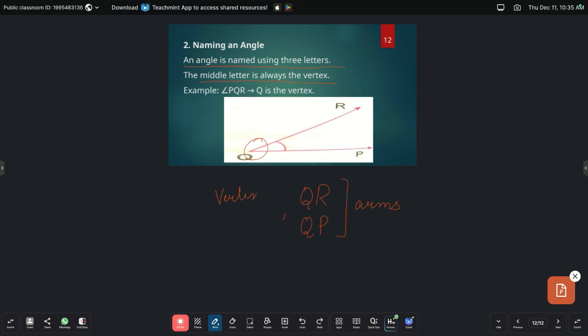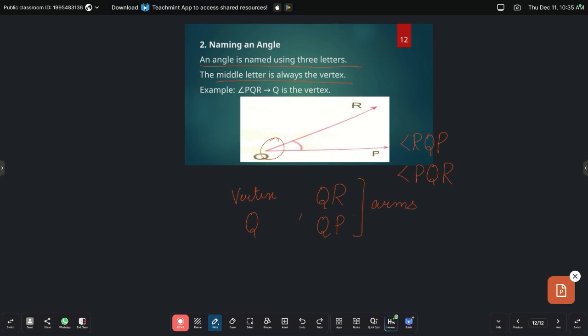The vertex is Q. As I have already told you, the vertex should be the middle letter while naming the angle. So how can we name this angle? We can name it as angle RQP, or we can also name it as angle PQR.